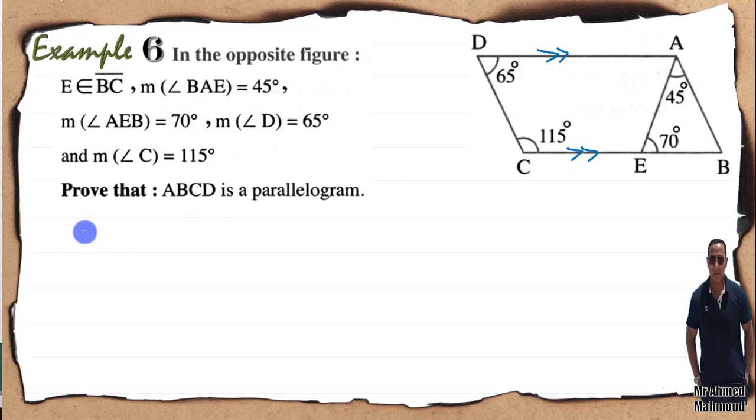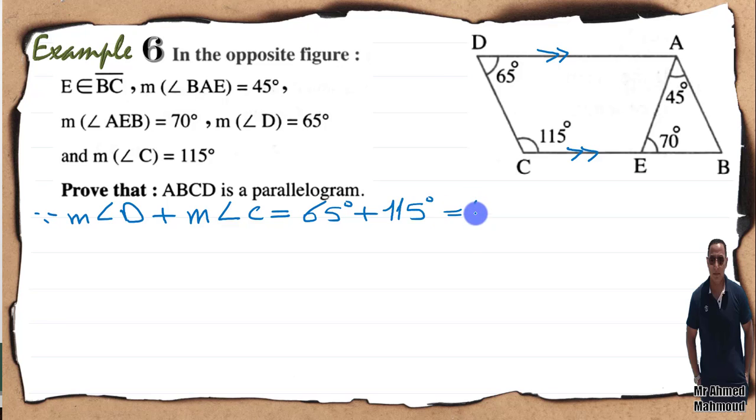So I'm going to write the first step. Since measure of angle D plus measure of angle C equals 65 plus 115, therefore equals 180.